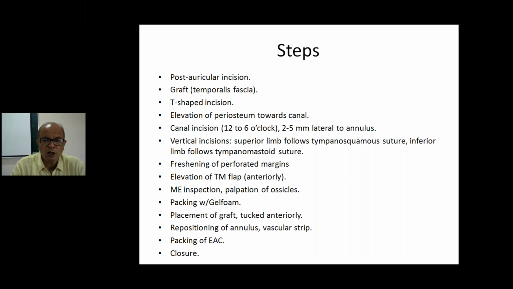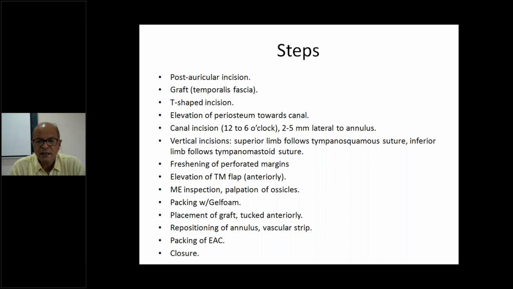After doing the horizontal myotomy, you ask your assistant to pass a gauze roll through the external auditory canal, and you take it out through the myotomy and pull it anteriorly. So the whole pinna goes anterior. The whole pinna comes like this.